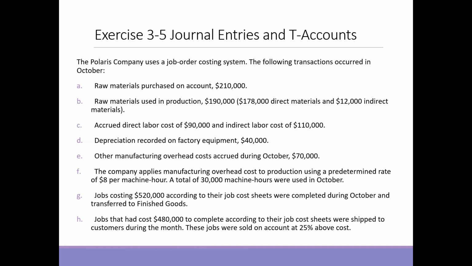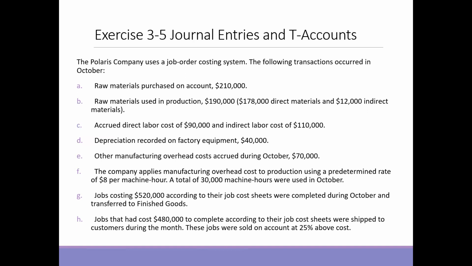You're exactly right. Then we're going to record depreciation on the factory equipment. That's going to go into manufacturing overhead. And then we've got other costs of $70,000. Manufacturing overhead costs going into manufacturing overhead. See, that bucket gets really big.